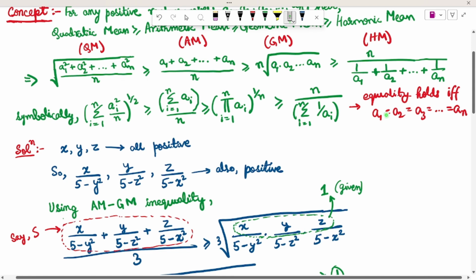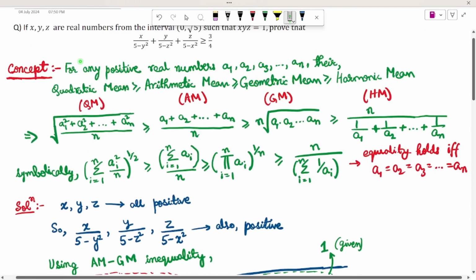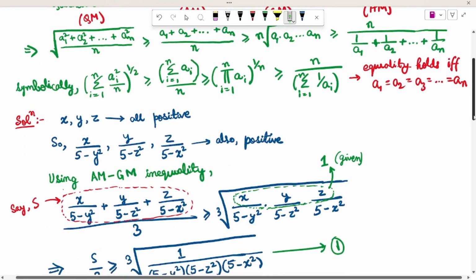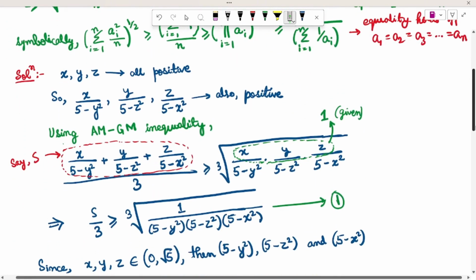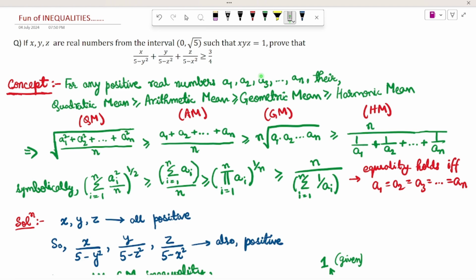Using this concept that we learned at the beginning, we will apply it to this question to get the proper proof of how that expression written in the question is greater than or equal to 3 by 4.